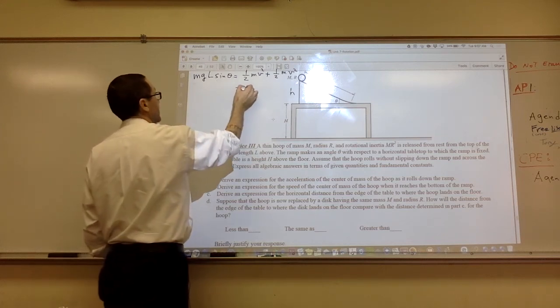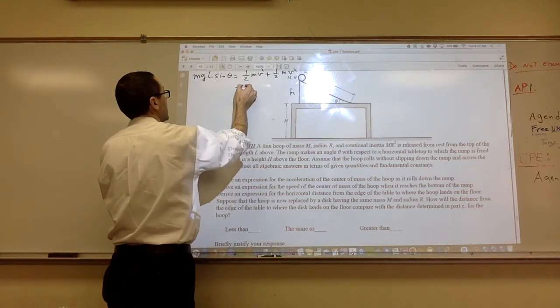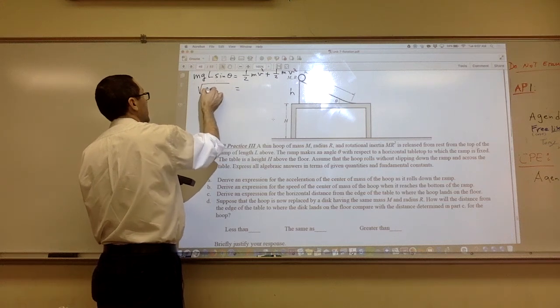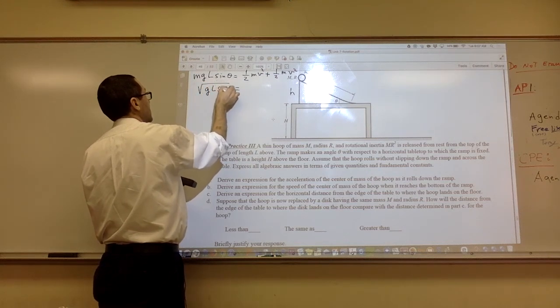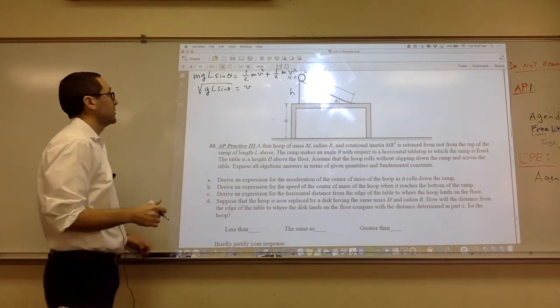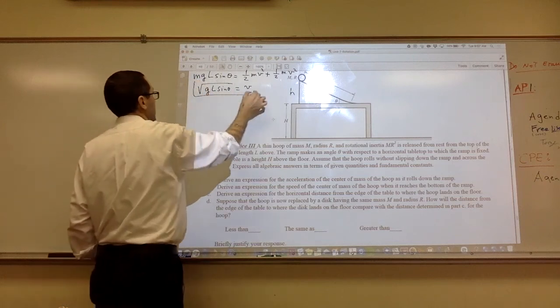So this is just going to be mv squared, and I can cross out the mass. So if you solve this equation, v equals radical gL sine theta. Because these two add up to just 1 mv squared, you can cross out the mass and take the radical. And that's pretty much what I have here.